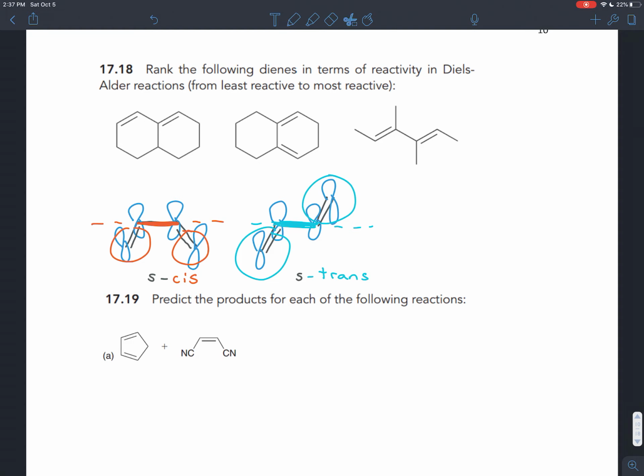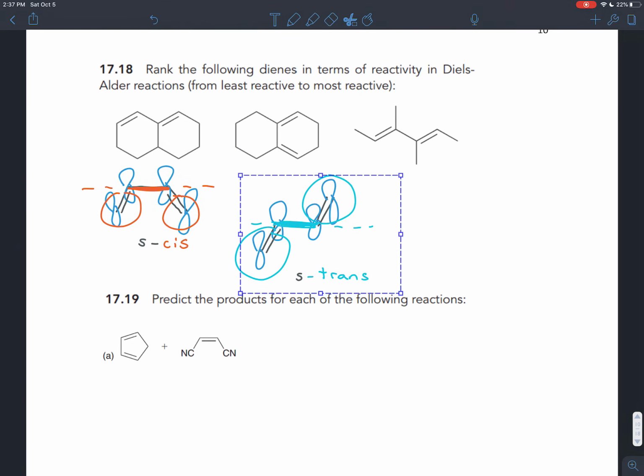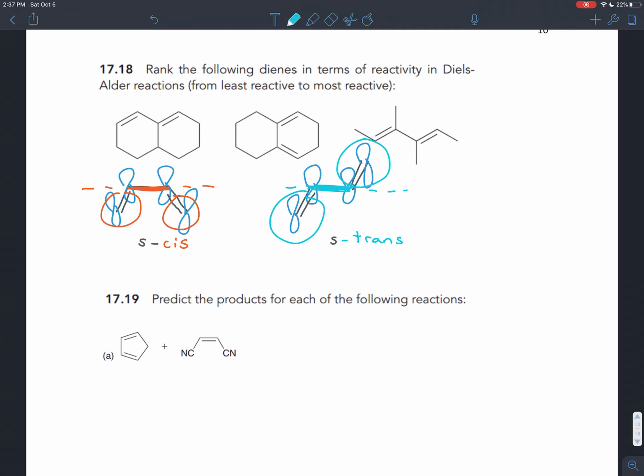We saw that the Diels-Alder reaction only works if the lowest unoccupied molecular orbital of a dienophile is able to overlap with the p orbitals on the diene. But that can only happen in the s-cis conformation.